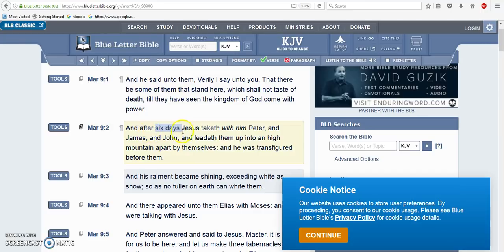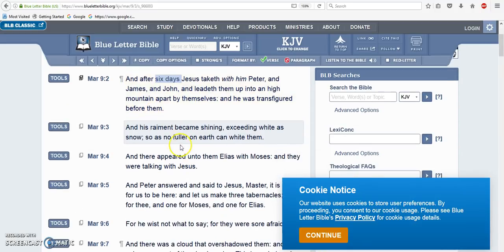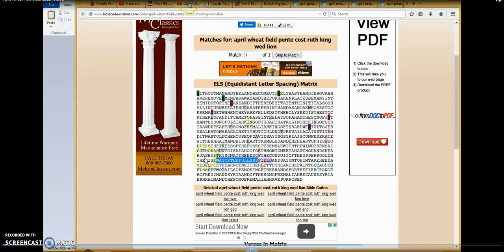Over here it says, "And after 6 days Jesus taketh with him Peter and James and John, and leadeth them up into a high mountain apart by themselves, and he was transfigured before them, and his raiment became shining, exceeding white as snow, so as no fuller on earth can whiten them." And so the word fuller means to make white. And so that's what you have in this table.